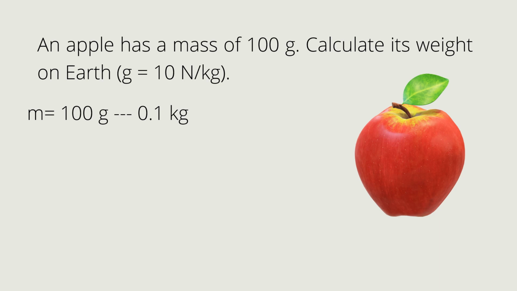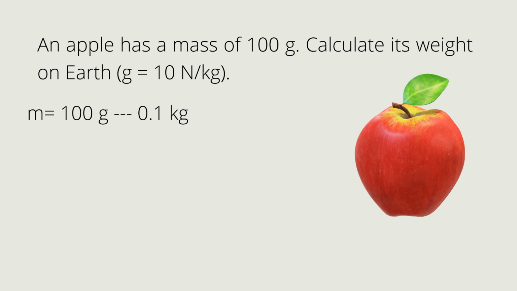So when you get the mass in grams, you definitely need to convert grams into kilograms. 1 kilogram has 1000 grams, which means when you are going from a smaller to a bigger unit, from grams to kilograms, you need to divide by 1000. So in our case, 100 grams gives you 0.1 kilogram. So you take out the first part, the mass. Mass is 100 grams.